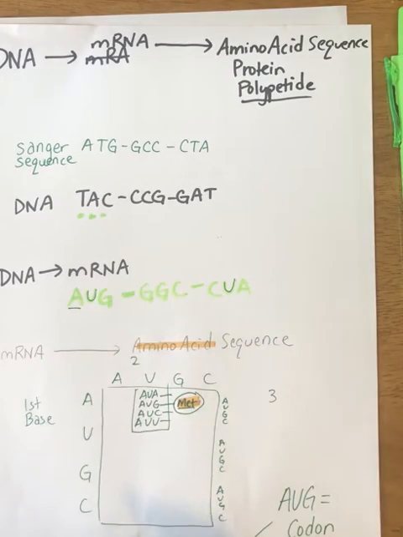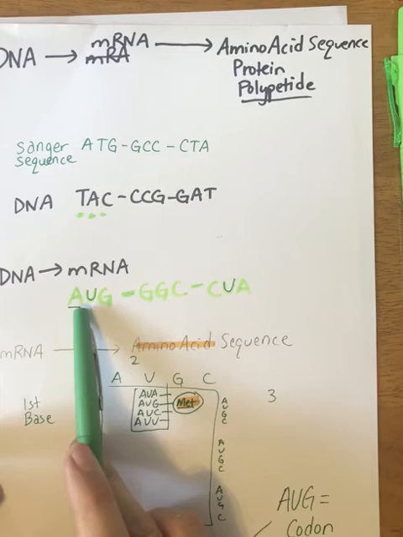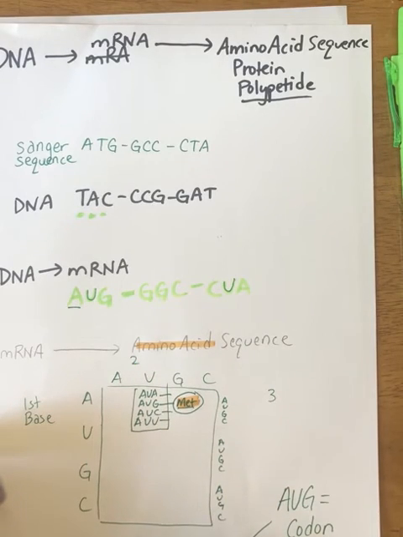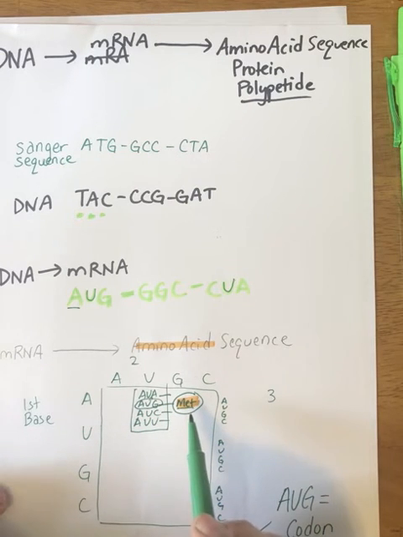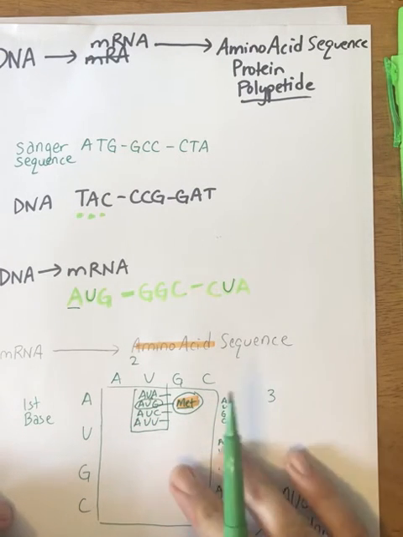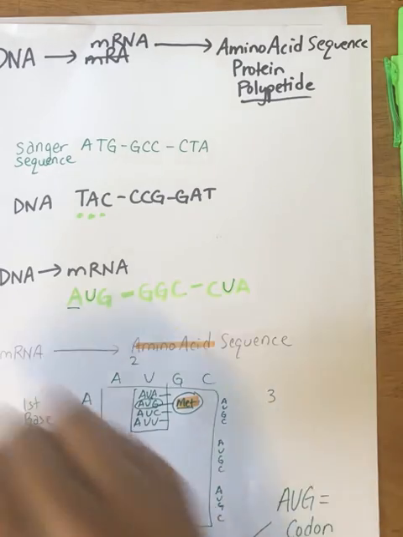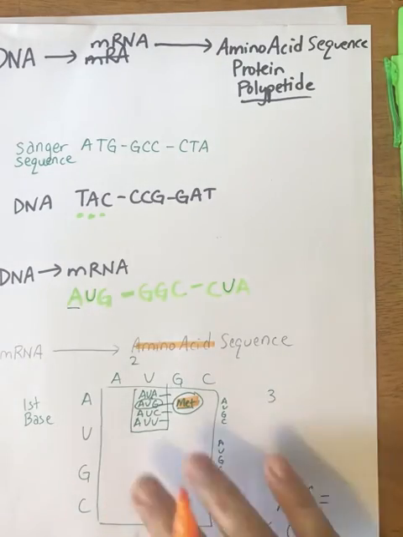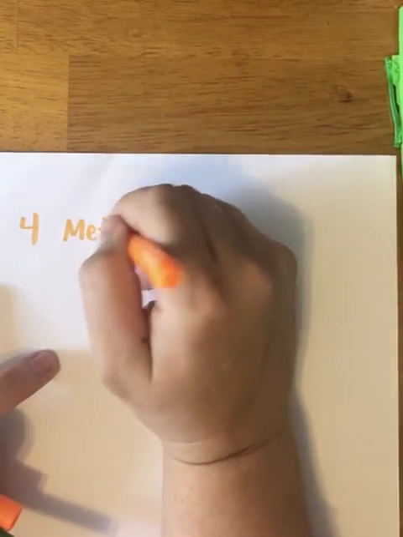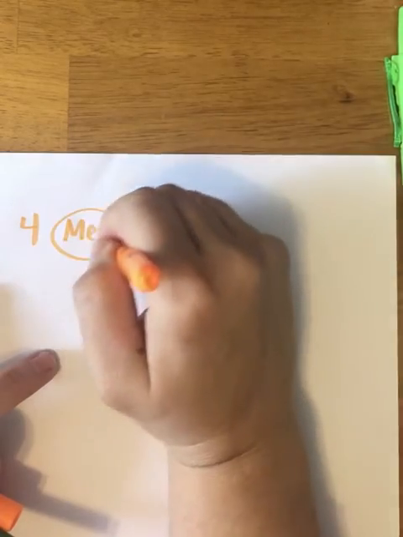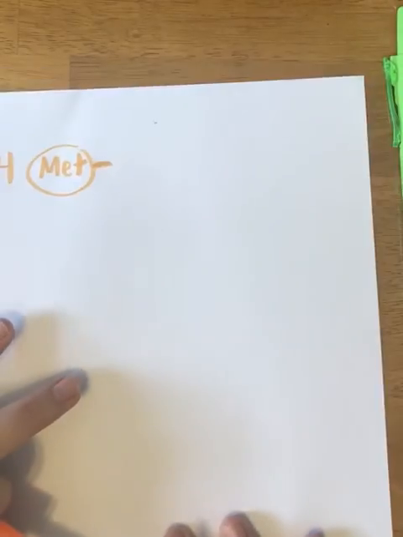So for step number 4, you would say AUG, you'd use the genetic code and you'd find the code AUG, and then you say that the amino acid would be MET. So step number 4 is you would say the first amino acid is MET. I like to circle this to represent it's my amino acid.